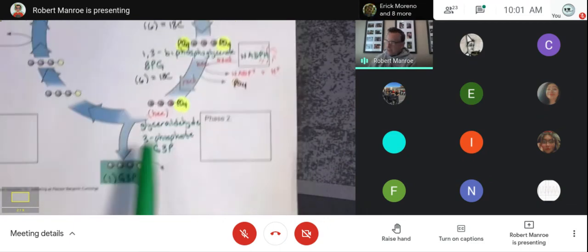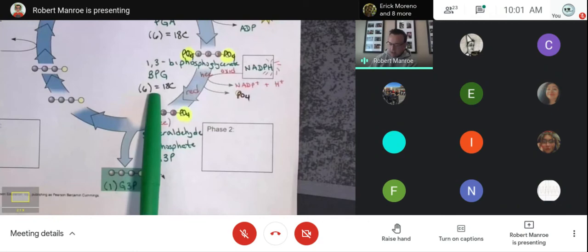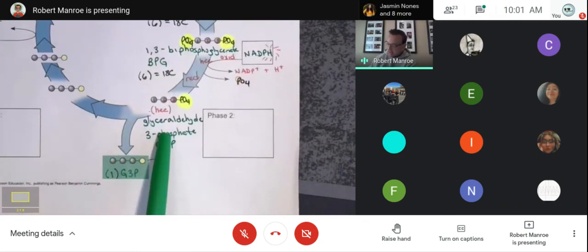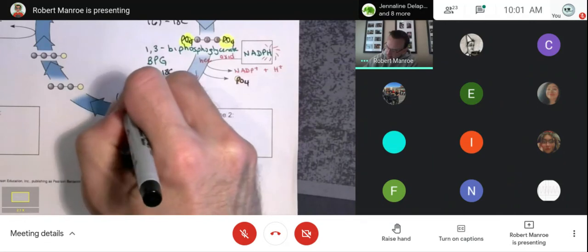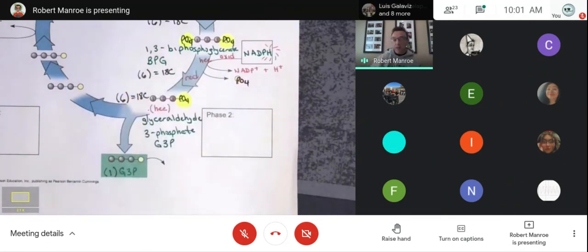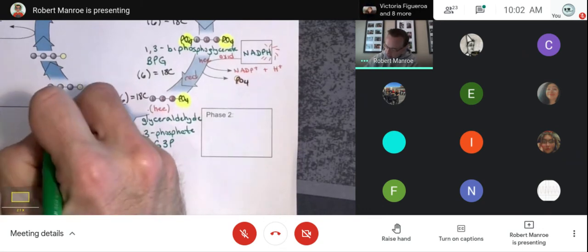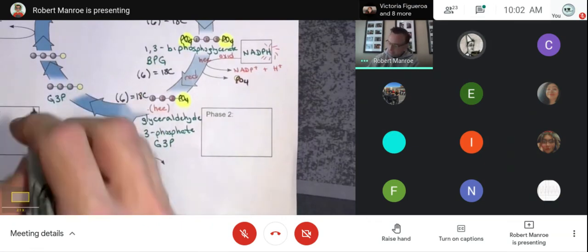So we had 6 PGAs, 6 BPGs, which means here we have, of course, 6 G3Ps. However, 1 leaves. Well, if you have 6 and 1 leaves, how many G3Ps are over here? 5.